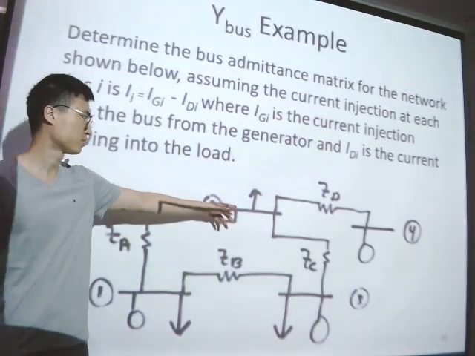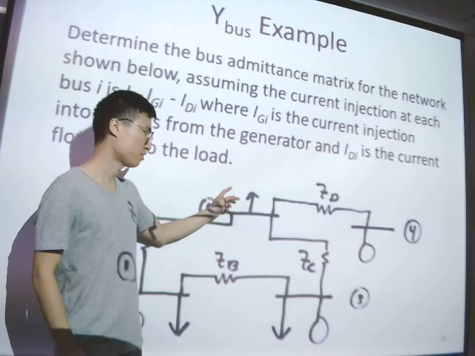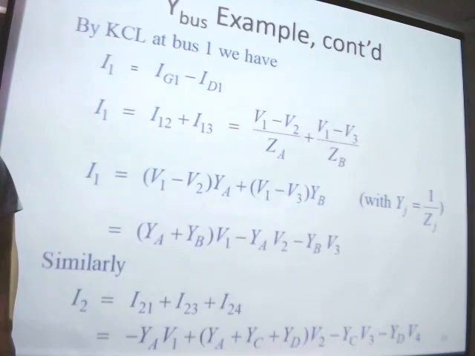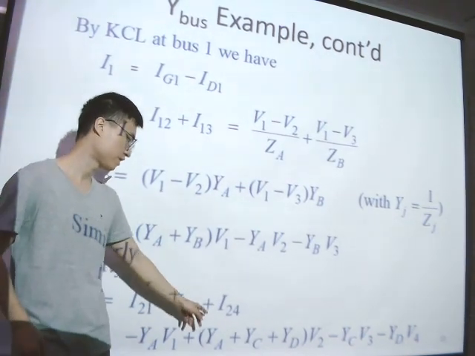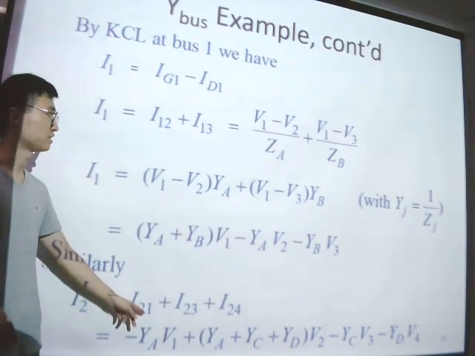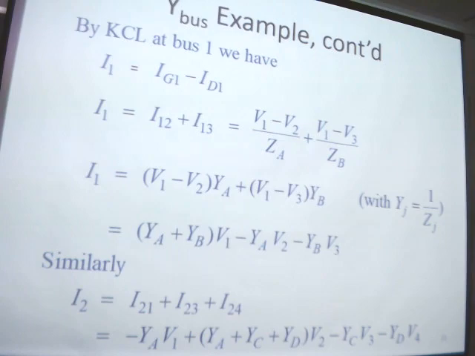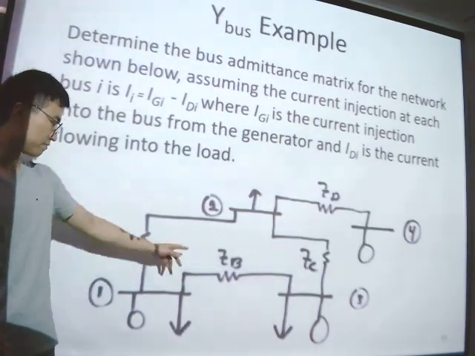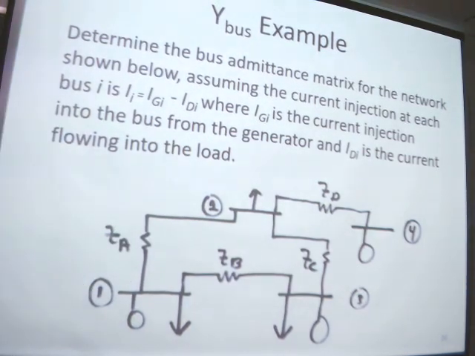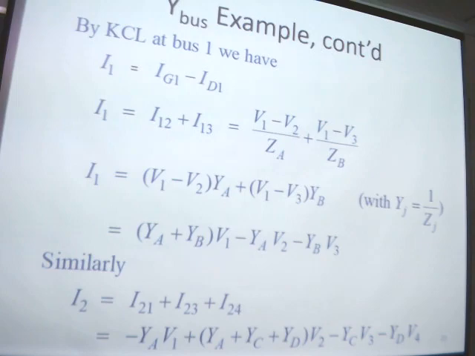And for bus 2, here is the node, the current flows in here, so we will do I21, I23, and I24. So the order is different with this, okay? Because for voltage 2 minus 1, we use 1 minus 2, okay?